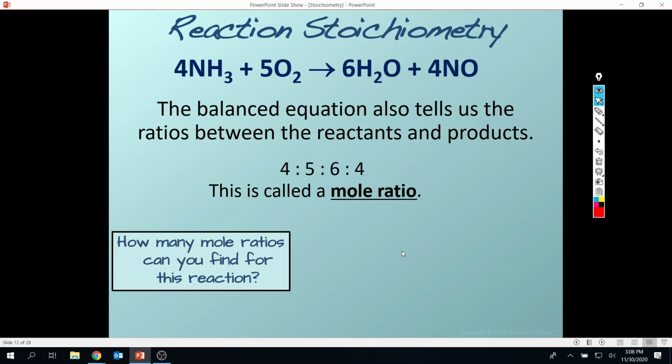How many ratios can you find in this reaction? I'll give you a first one. 4 ammonia to 5 oxygen. How about 4 ammonia to 6 water? Or 4 ammonia to 4 nitrogen monoxide? 16. Okay, there won't be 16 because you've counted some duplicates in there.